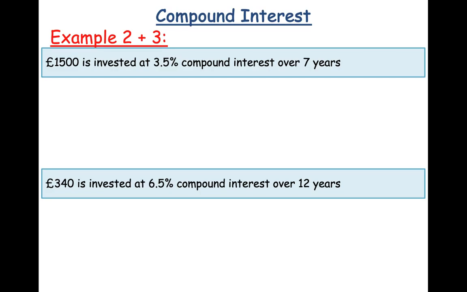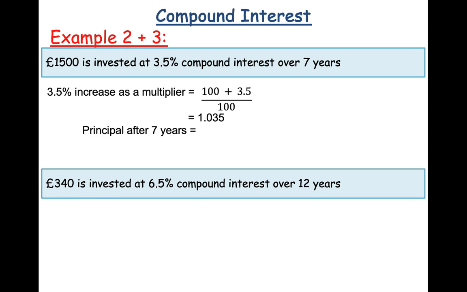So let's have a look at some examples. £1,500 is invested at 3.5% compound interest over 7 years. So it's a 3.5% increase as a multiplier. Remember, if it's an increase, we add it to 100 and divide by 100, which gives us a multiplier of 1.035.